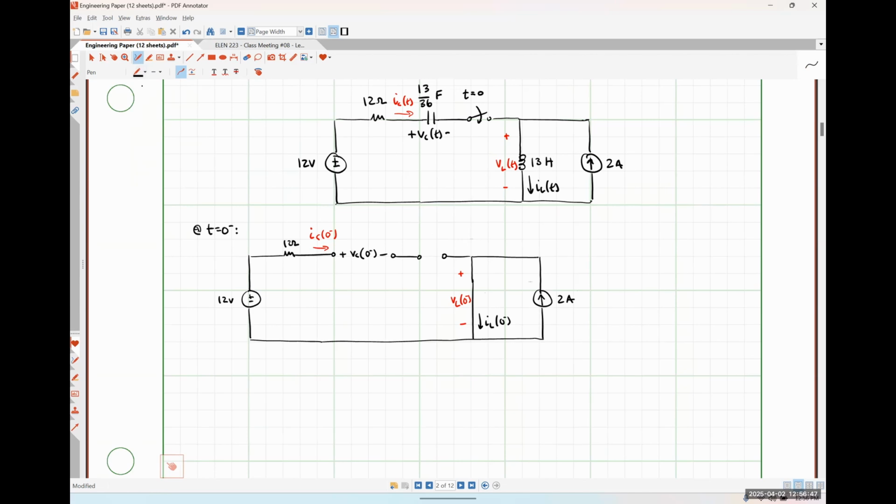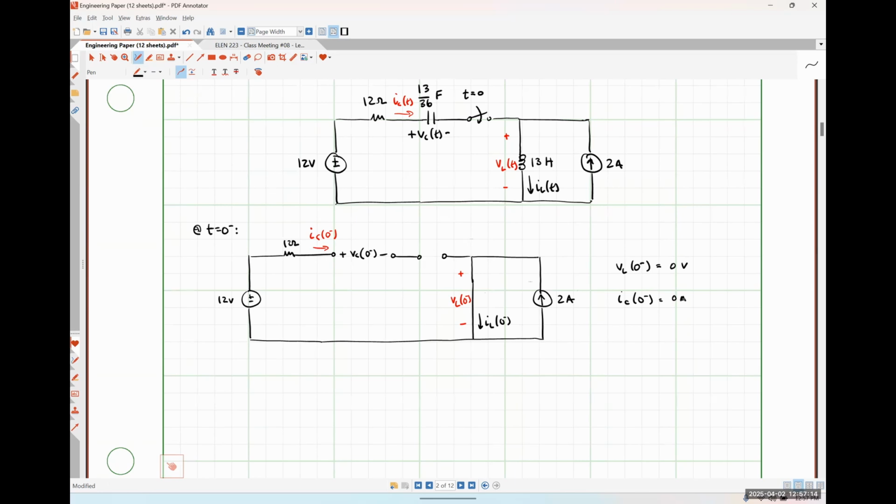I think just by looking at this particular circuit, we can say pretty easily that VL at 0 minus has to be 0 volts because it's the voltage drop across the short circuit. And pretty similarly, we could say that IC at 0 minus has to be 0 amps because that's the current flowing through an open circuit.